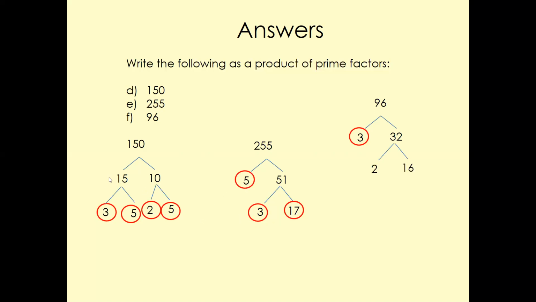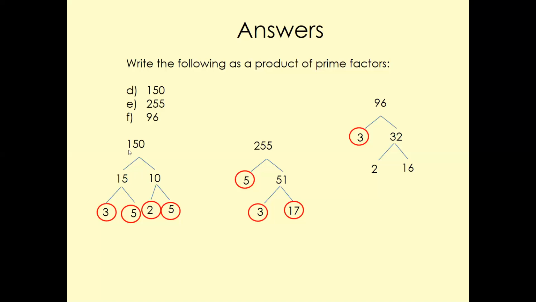You don't always need to start with 2s and 3s. You can start with bigger numbers and you'll get the same answer. But to make things easier, if you're not an expert on this, or if you're not fully confident, use the rule we've discussed previously. Start with the lowest prime number first, which is 2.